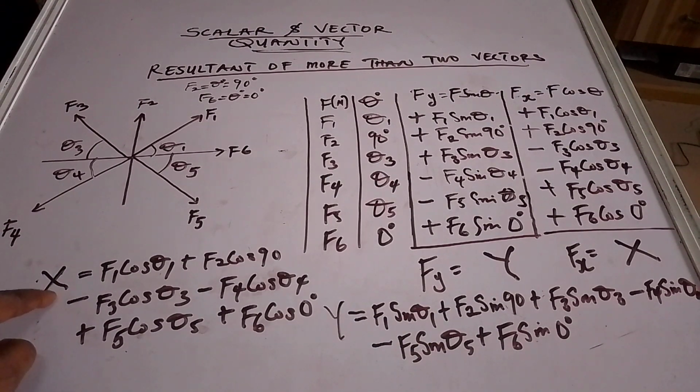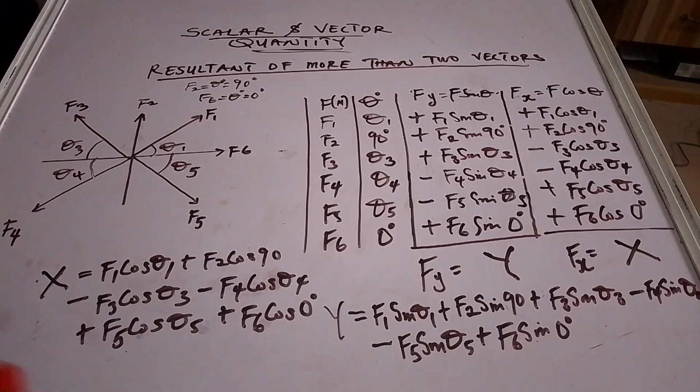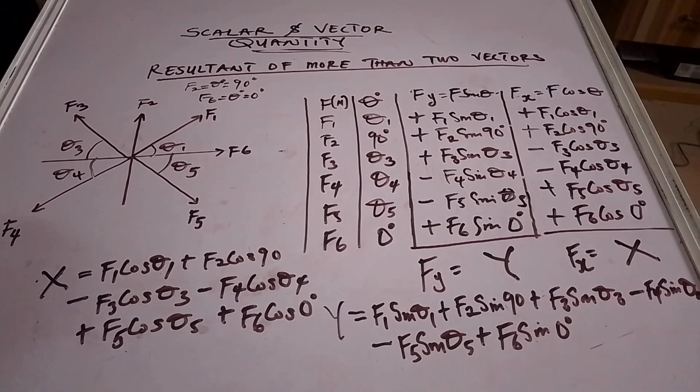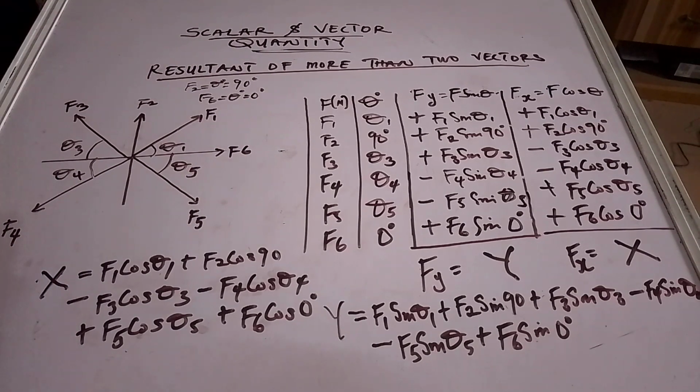We are going to get a single value for this, and a single value for this. So here we have resolved the whole set of vectors into two. We have resolved all these vector components vertically, and we have resolved them horizontally.